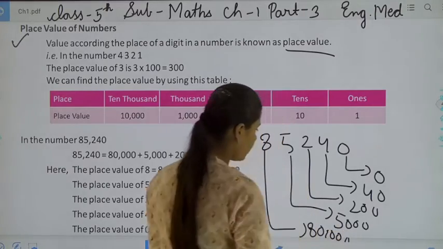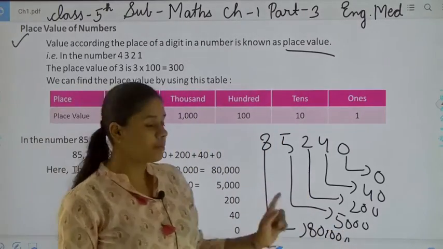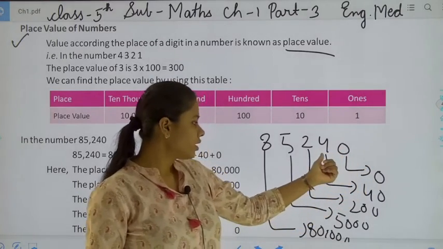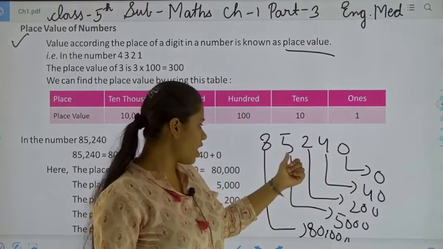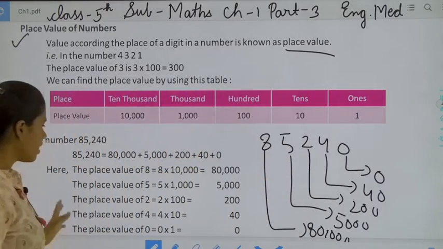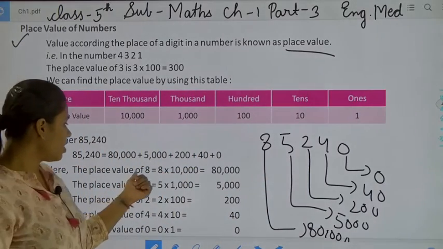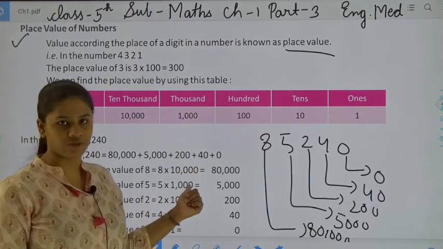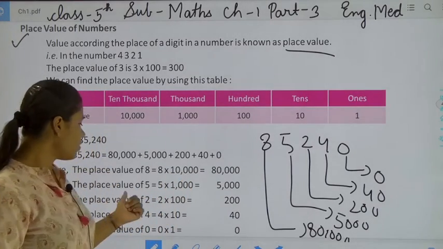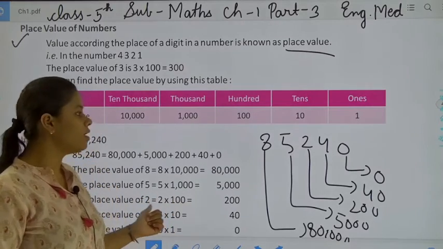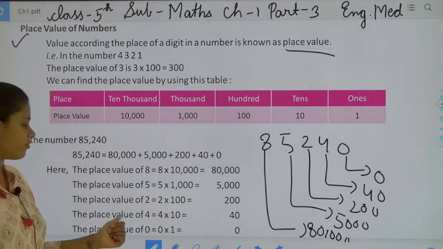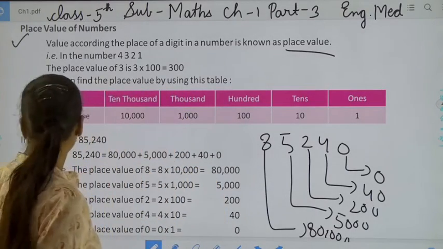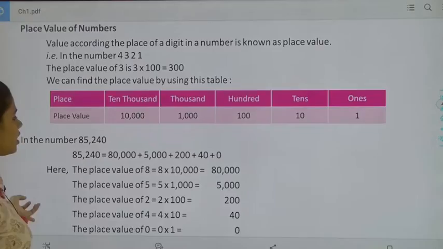The place value always starts from the right hand side. You can see the place value of 8 is 80,000, place value of 5 is 5,000, place value of 2 is 200, place value of 4 will be 40 and place value of 0 will be 0.